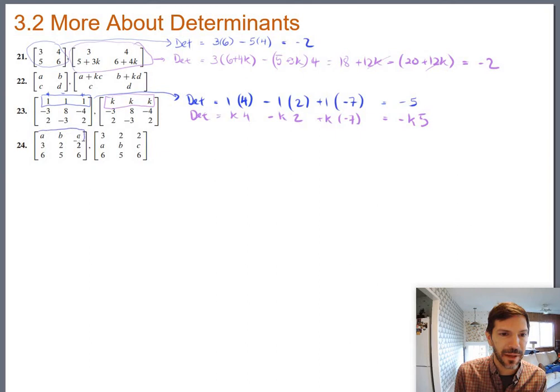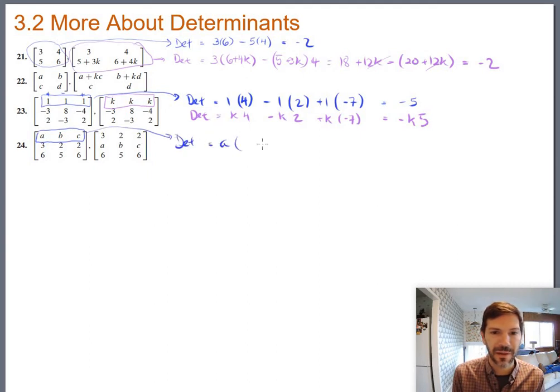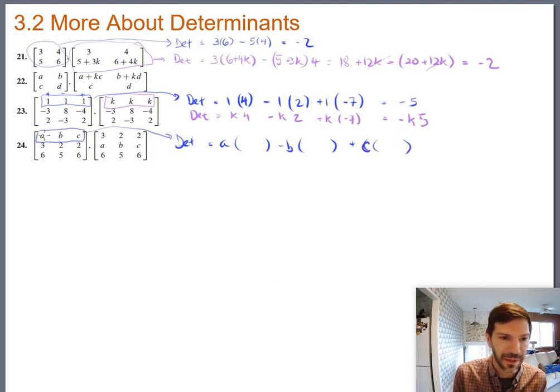But imagine expanding across the first row here. The determinant is A times something minus B times something else plus C times something else, because you have the checkerboard pattern of plus, minus, plus.